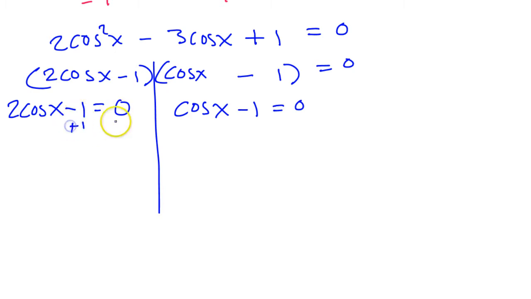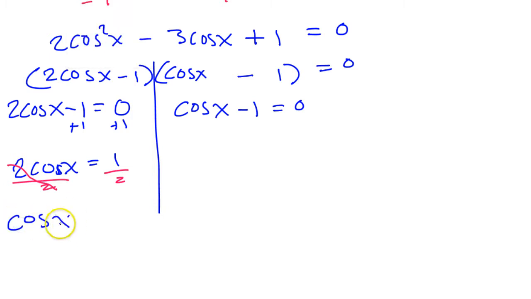Adding 1 to both sides, that gives me 2 cosine x is equal to 1. And then dividing both sides by 2, that leaves me with cosine x is equal to 1/2.